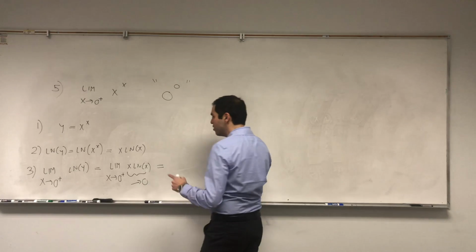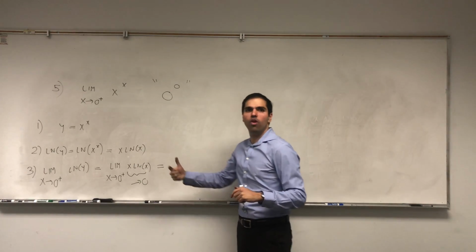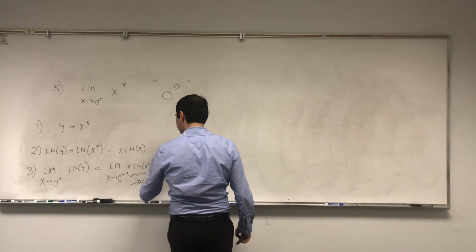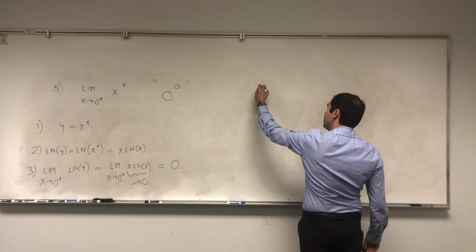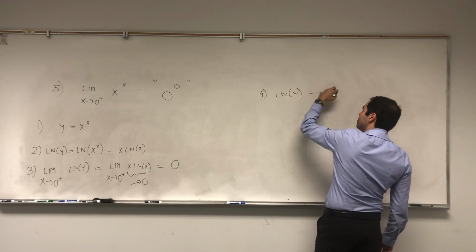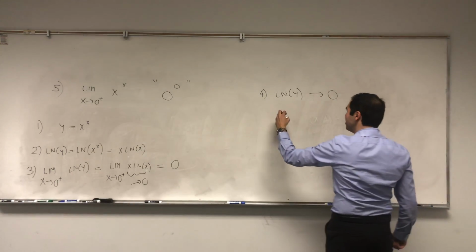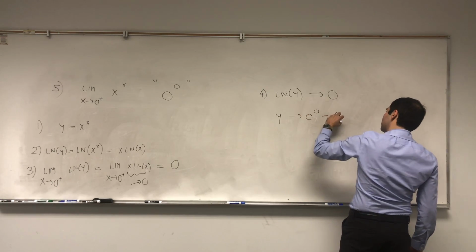And the way you do this, in case you're just checking in, you write x as 1 over 1 over x, and you apply L'Hopital's rule. So this thing goes to 0. So here's what's happening: ln of y goes to 0, so y has to go to e to the 0, which is 1.